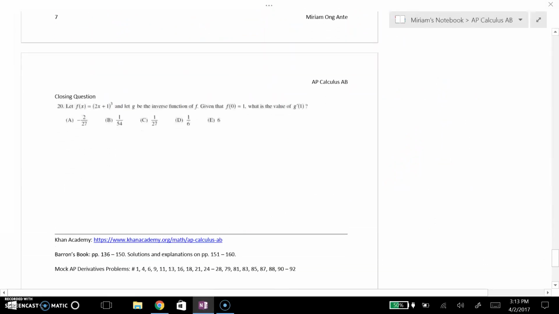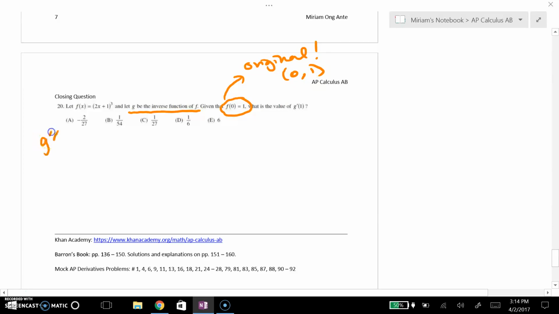Go ahead and work on the closing question. Pause the video, and when you're ready, you can play it so you can see how I solve it. Okay, the g is the inverse of f. So when f of 0 equals 1, well, f is the original function, so we don't need to flip anything. That's original. 0, 1. No need to flip.